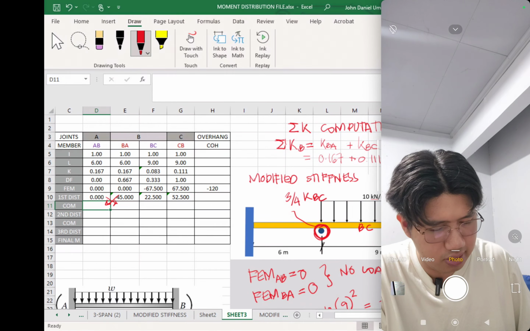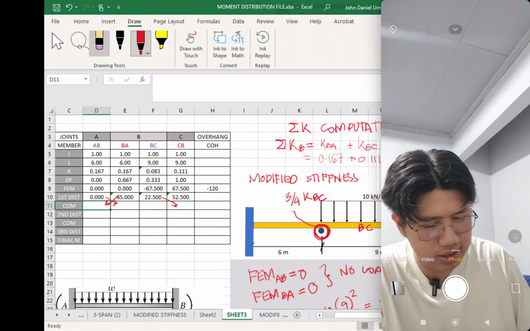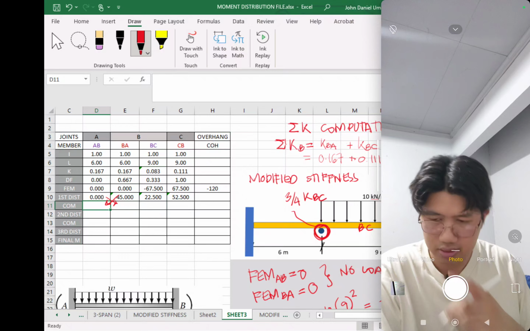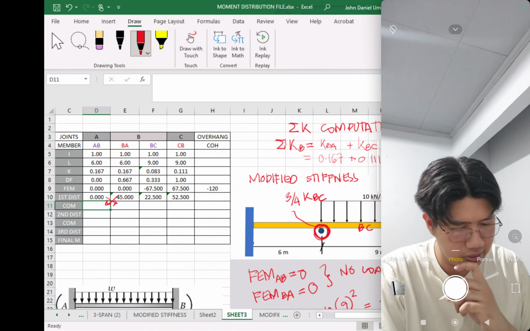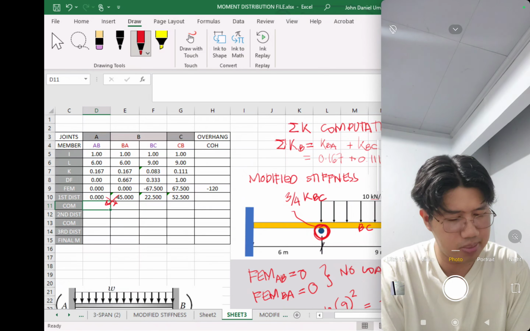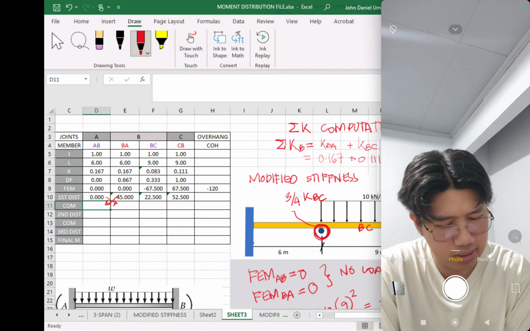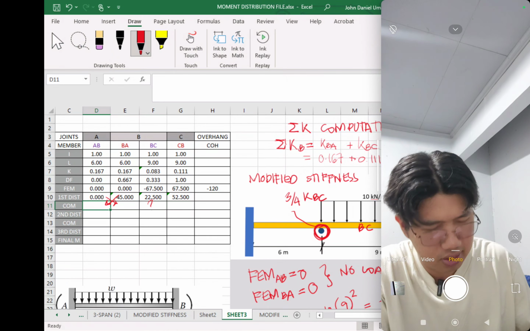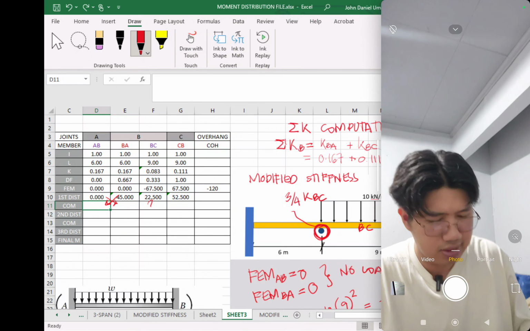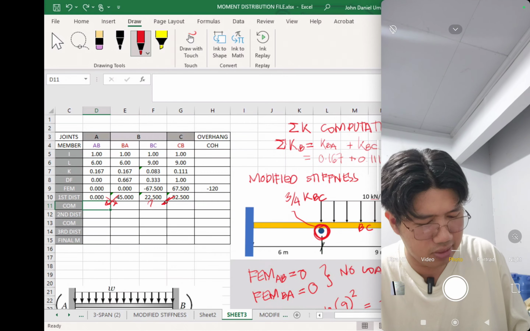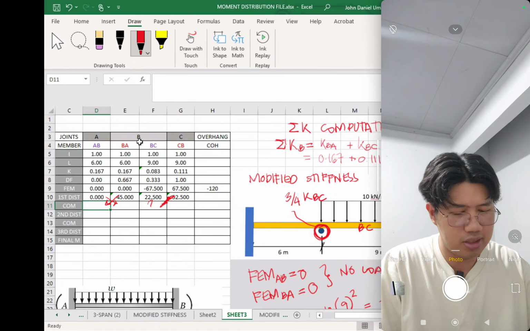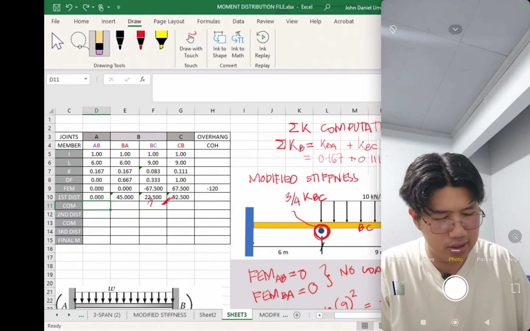Yan magka-carry over. Okay? Ito magka-carry over ba? Hindi na, kasi yun yung end support na pin or roller. So sabi doon sa definition is wala kang i-carry over doon sa end support na pin or roller when you're using the modified stiffness. Dito ba meron ma-carry over sa part na to? The answer is yes. So ito kay-carry over mo pa rin dito. Okay, so pupunta ito doon. So, paano natin ginagawa? So, we just divided by 2.